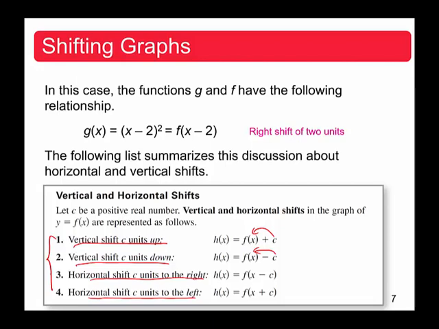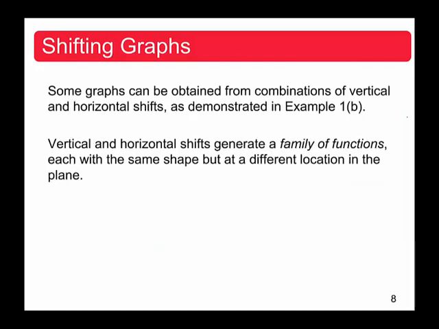If the constant is added to or subtracted from x by itself, it's a horizontal shift. If it is added to or subtracted from the entire function f of x, then we have a vertical shift. So that's a major difference to distinguish the vertical shift from the horizontal shift. And some graphs could be obtained from a combination of vertical shift and horizontal shift.